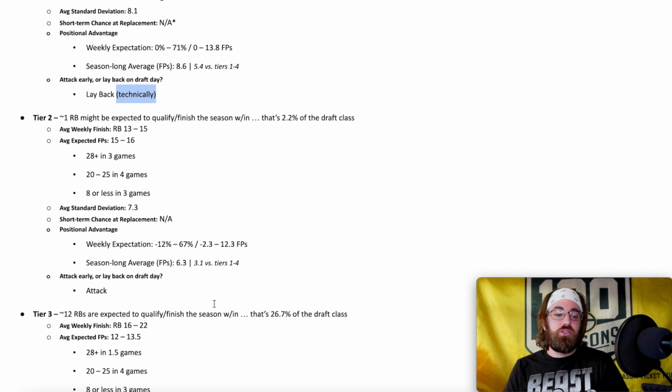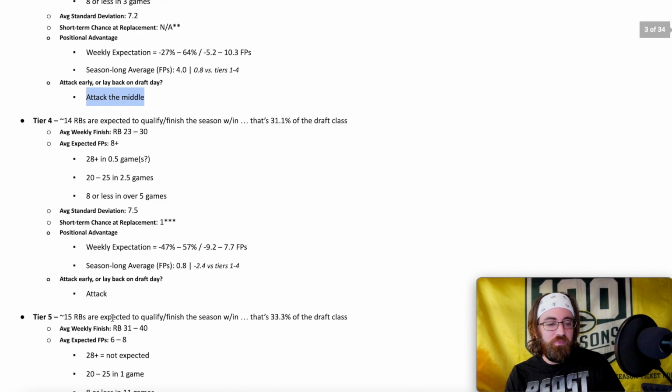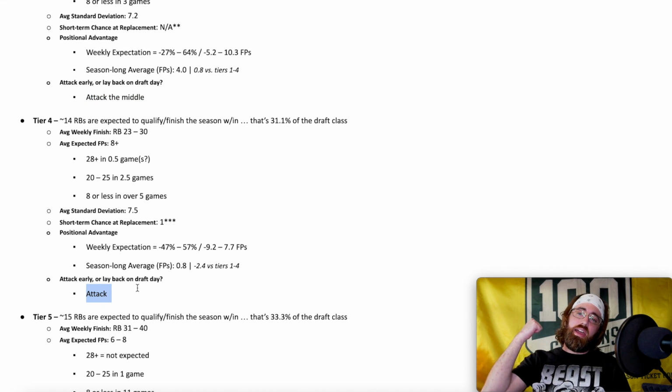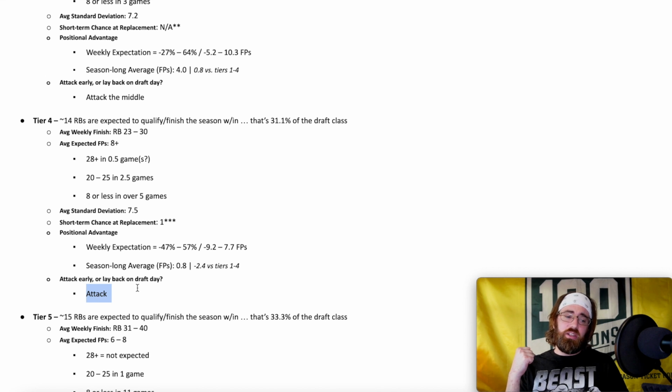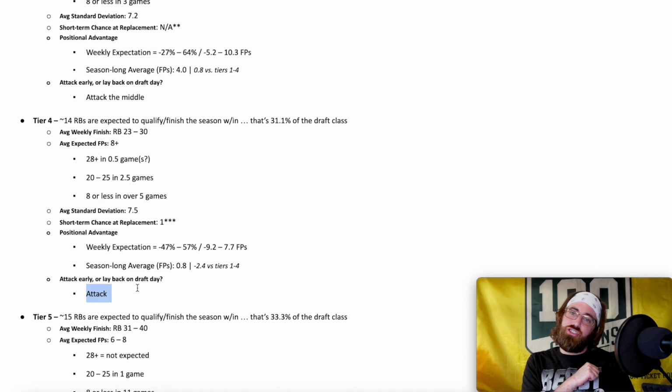Looking at tier 3, you want to kind of attack at the middle of it. You don't necessarily need the 5th running back off the board to gain any kind of value, if that exists within the position. And then looking at tier 4, attack. But I will actually have some better draft advice compared to this simplified version on screen right now, coming up very shortly, so let's jump to that.